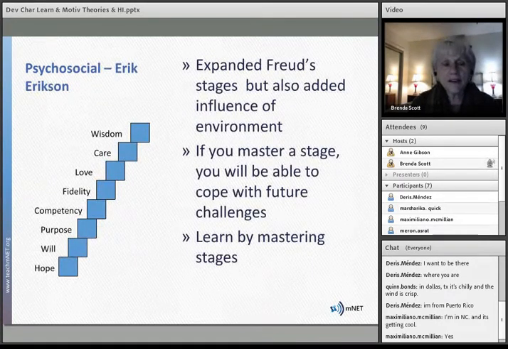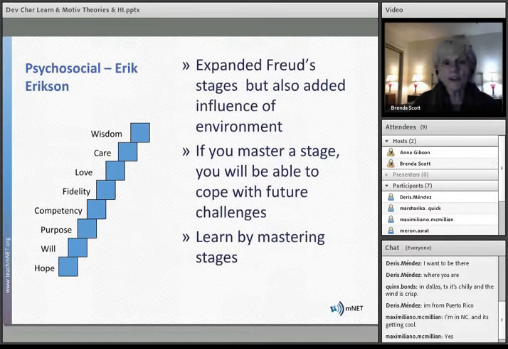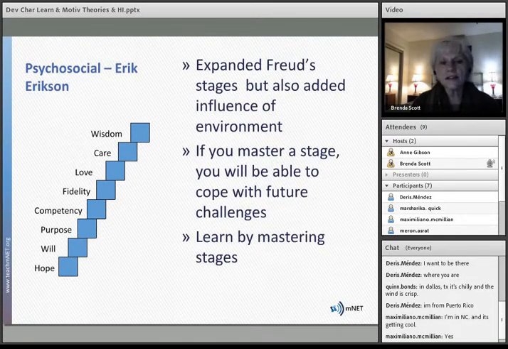Now, Erik Erikson took Freud's stages of learning and said that's important, but there is some influence of environment on learning. He said the stages have to be mastered, and they have to be mastered in order. So when you master a stage, you can cope with things that happen in the next stage.